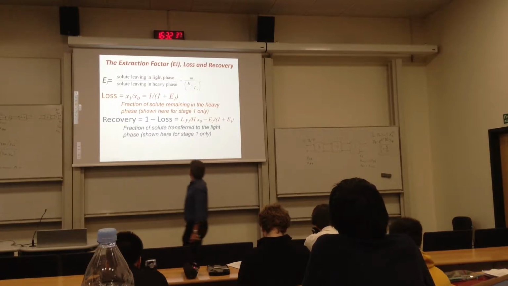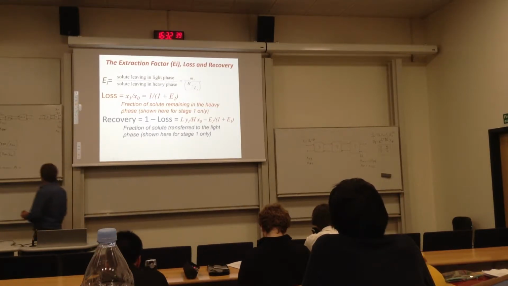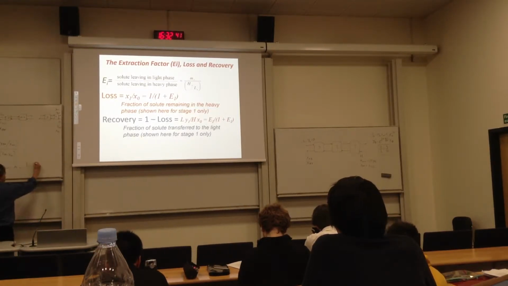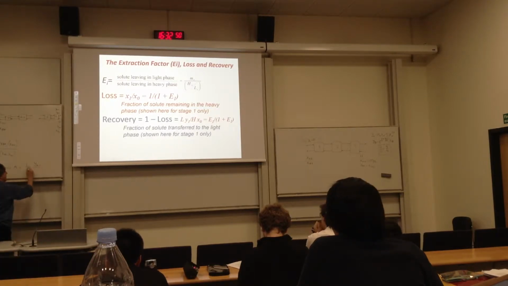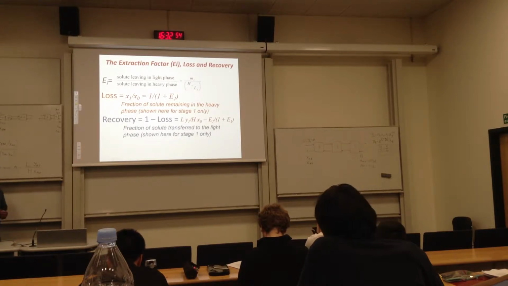And how about the recovery? Well, the recovery will be what I extracted, which is L times Y1. So this is all the A, A1, over all the X I had already. Does it make sense?